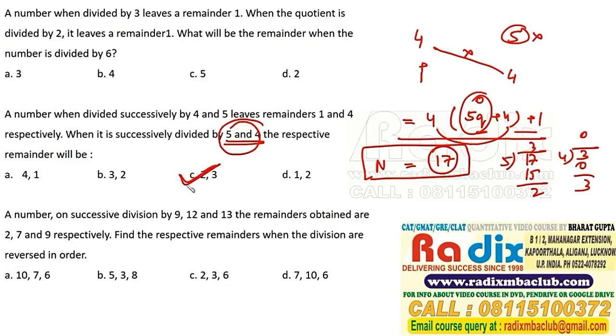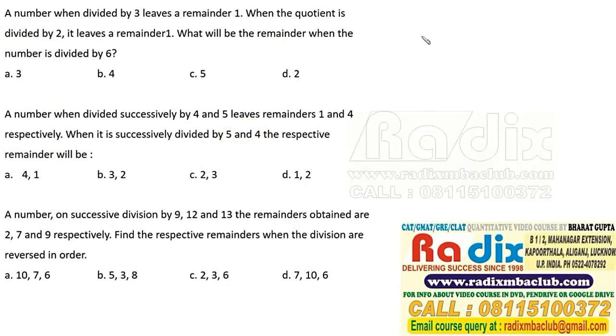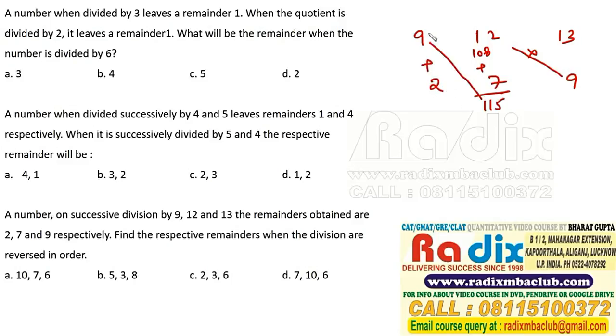Okay, now applying the same concept in the next question: a number successively divided by 9, 12 and 13, the remainders are 2, 7, 9. So the process is to multiply these two, 9 into 12, it would be 108, then add 7 to it, it is 115. Now multiply 115 by 9 and add 2 to the result, this is 1035, plus 2, 1037.